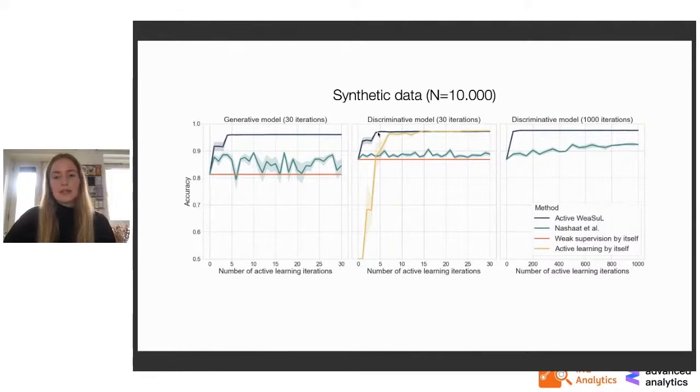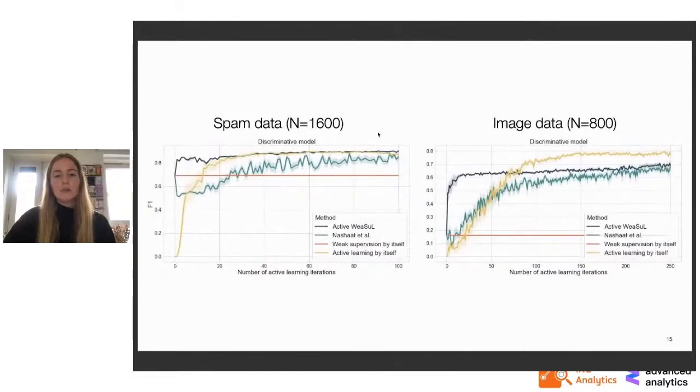Now, apart from synthetic data, we also tested this method on a few real data sets. So first on the left, for a spam detection task, we compare the active WeaSuL method to the same kind of baselines. And again, we find that really quite quickly, compared to weak supervision by itself, the orange line, we're able to improve the performance within only a few labeled points.